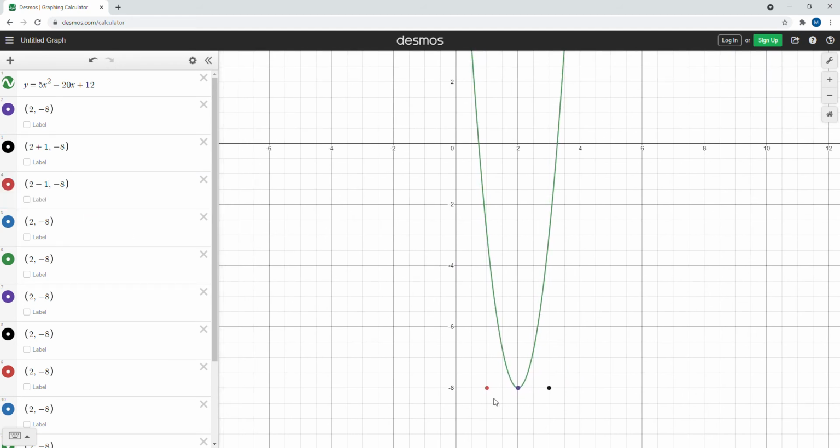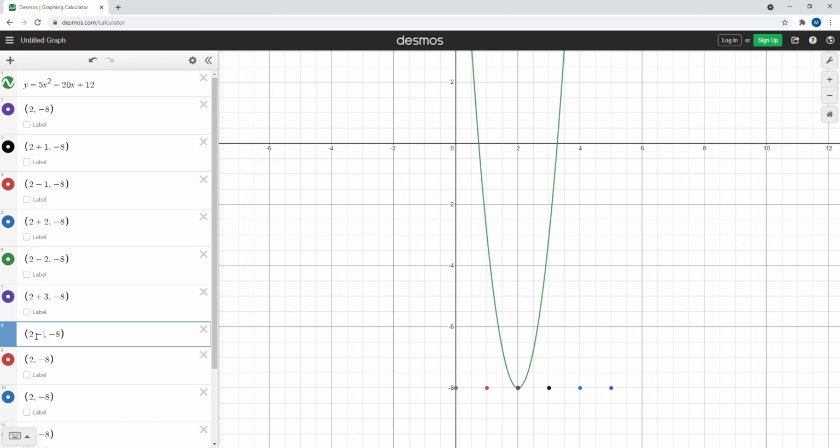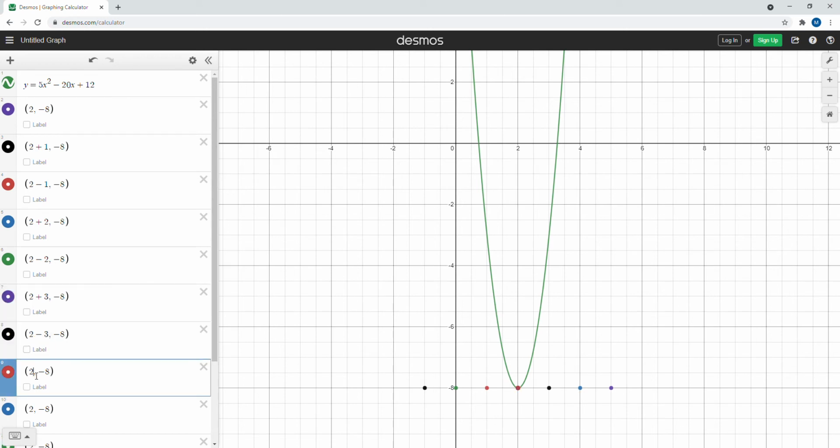You can see that here on our graph. Then we're going to add 2 and then subtract 2, which adds 2 more points. Then we're going to add 3 and subtract 3. Then we're going to add 4.